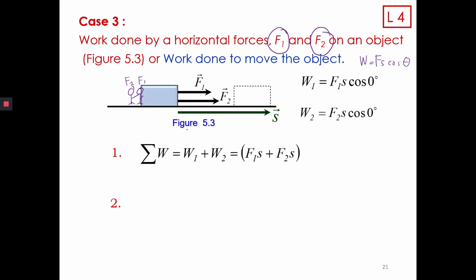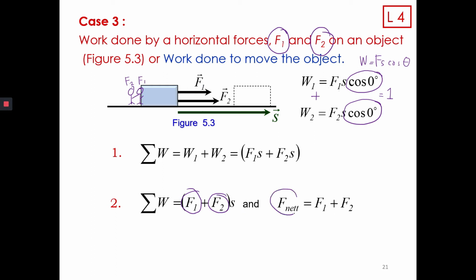To calculate the total work done, add these two: W1 plus W2 equals F1S plus F2S. Cos 0 equals 1, so it only gives F1S plus F2S. Or you can write the total work done as, since the displacement for force 1 and force 2 is the same, you can factorize: force 1 plus force 2 times S.